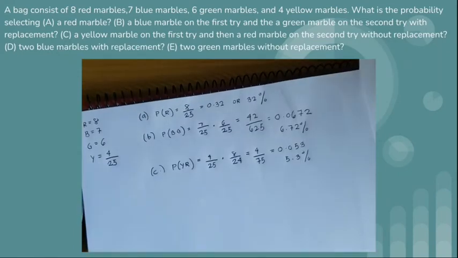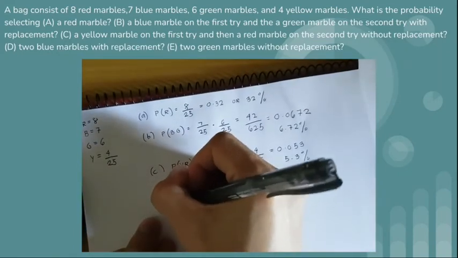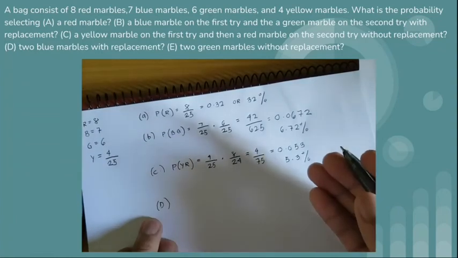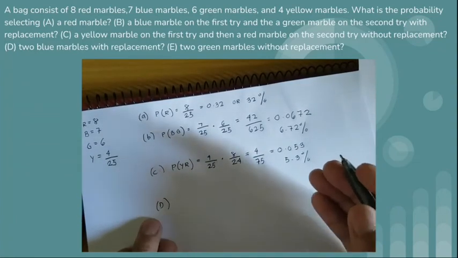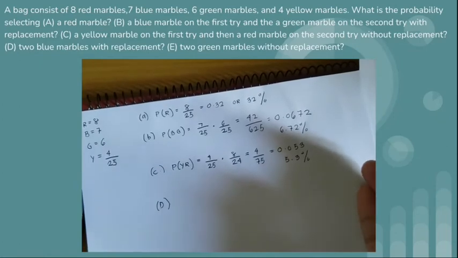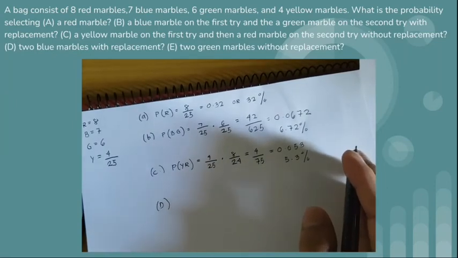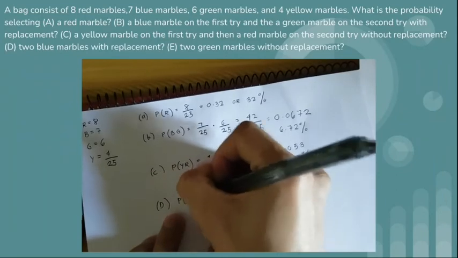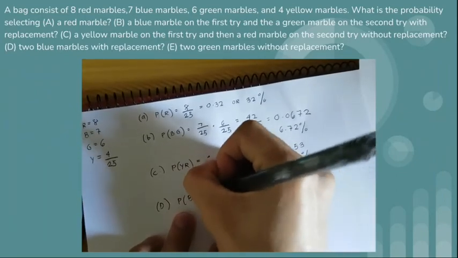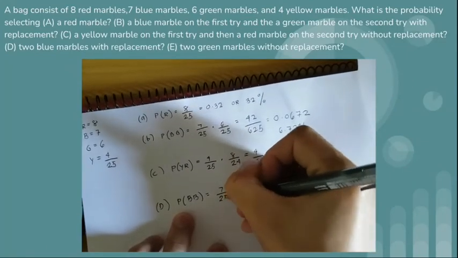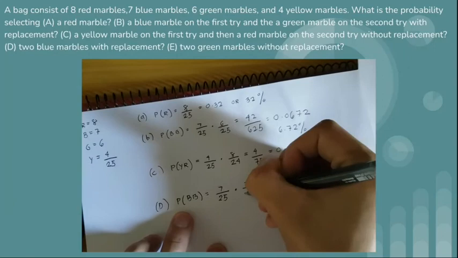So, next naman is, what is the probability of selecting 2 blue marbles with replacement? So, independent siya kasi with replacement. Kapag nabunot mo na yung isang blue, babalik mo siya ulit, then magpipick ka ulit ng blue. So it is equal to 7 over 25 times 7 over 25.